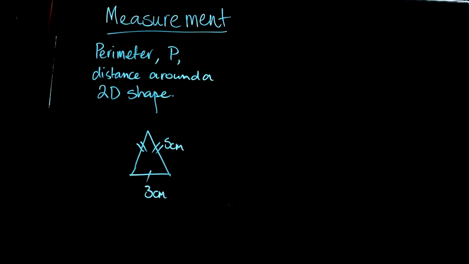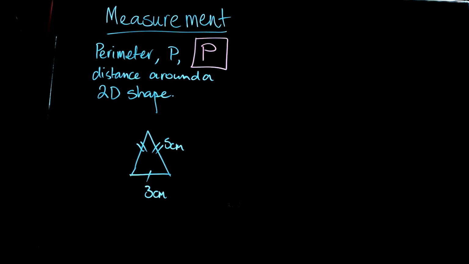So we're behind the light board here and we're looking at the measurement topic. We're looking at perimeter, and the first thing that I want to say to you, instead of writing out perimeter all the time, just use a capital P. It's a little bit of algebra, but everyone understands that capital P stands for perimeter. And what is perimeter?